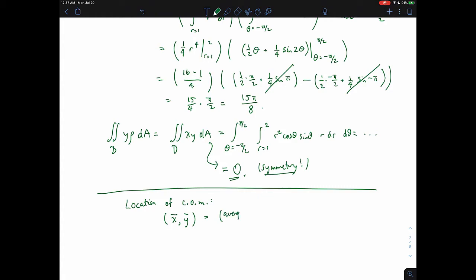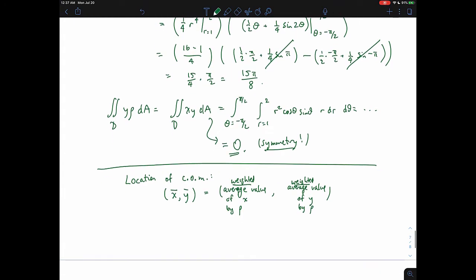The average value of x and the average value of y, but these are weighted averages. Weighted by the density rho.